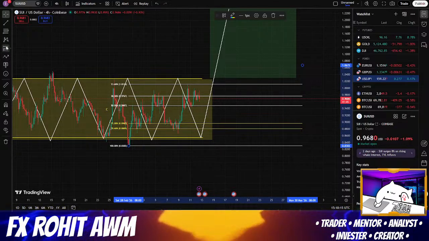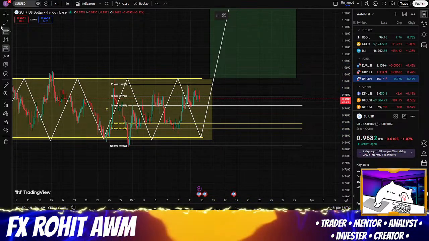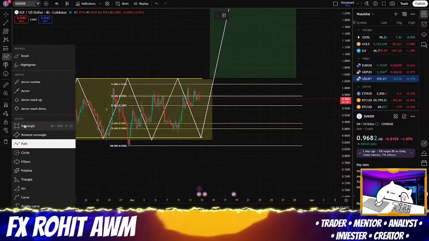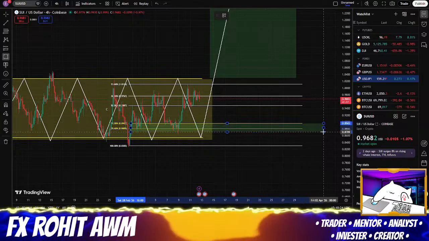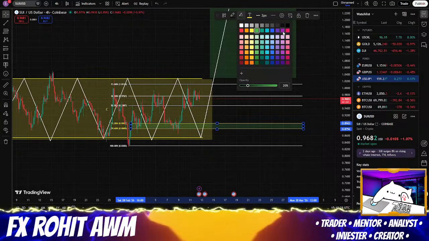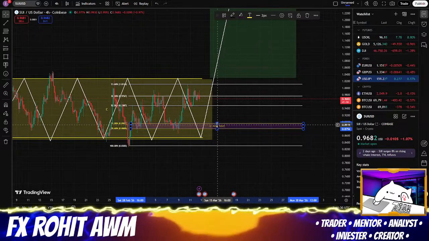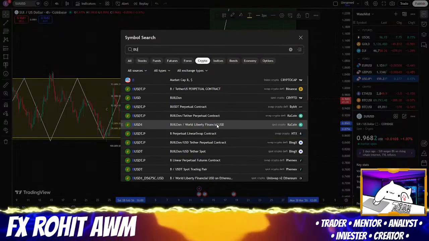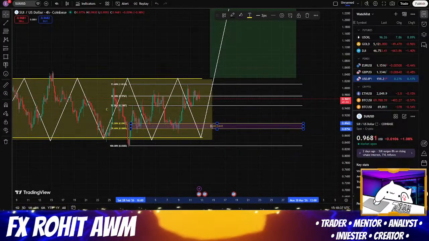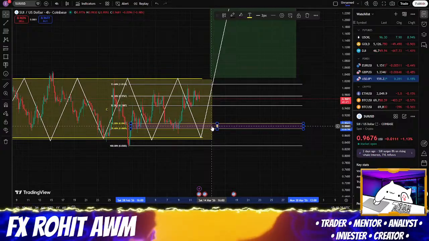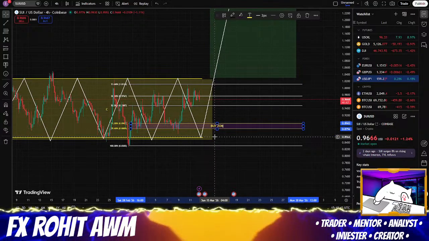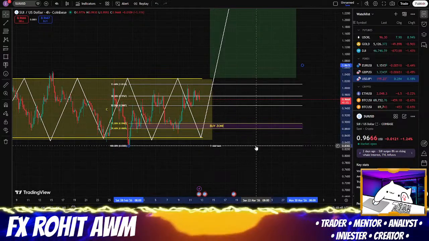so our entry zone may be here, so I need to drop a. Okay, so this is our buy zone, guys. So this is our buy zone as the market.